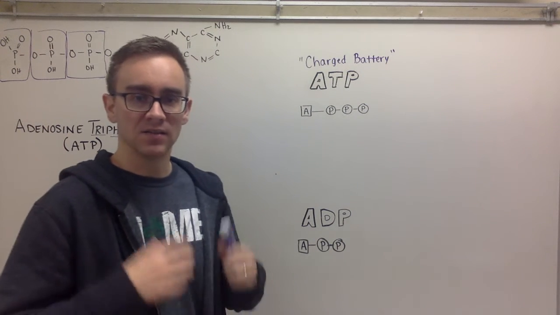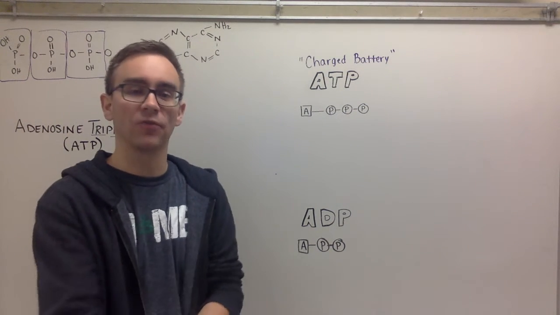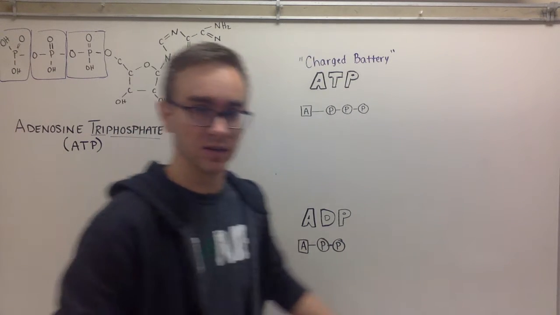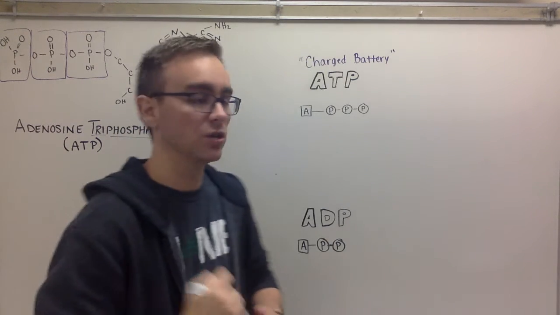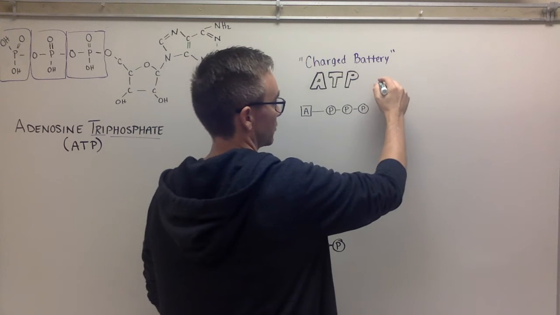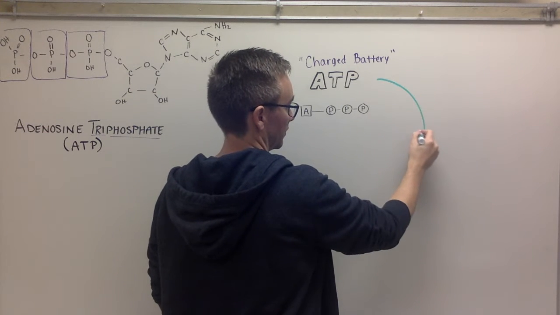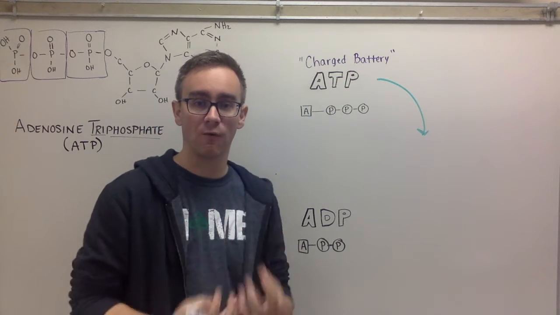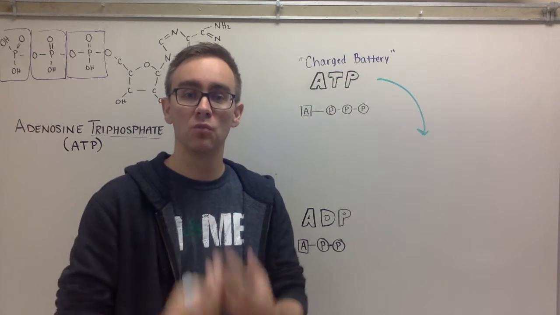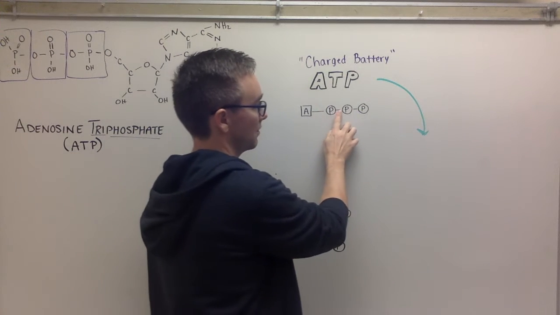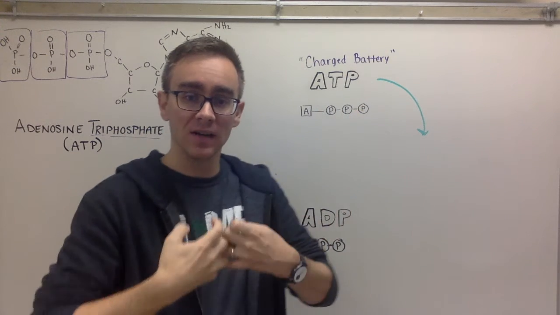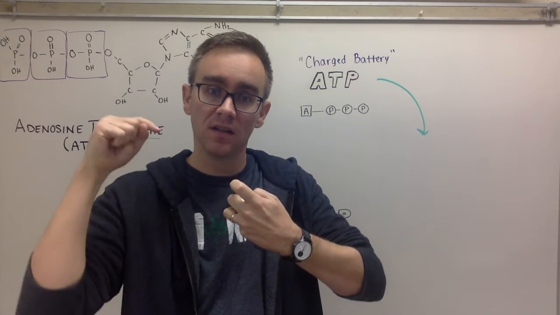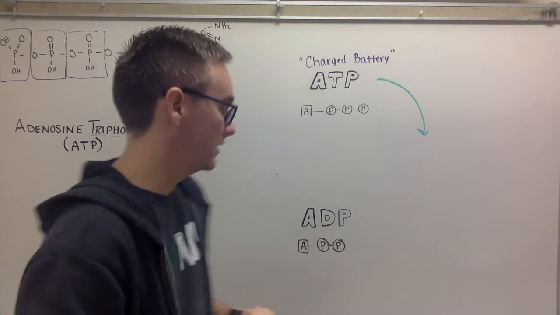The cell needs some sort of energy to perform some sort of function. Here's the cycle part of it. What's going to happen is it's going to break off one of its phosphates. Remember, there are chemical bonds here, and each one of those chemical bonds contains energy. If you break off one of those phosphates, there's energy that is going to be released.